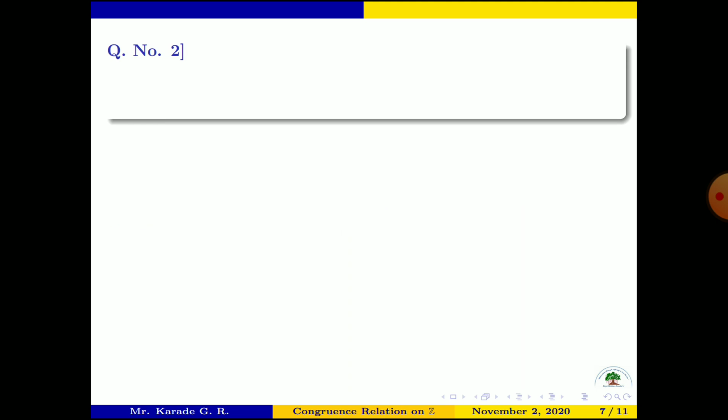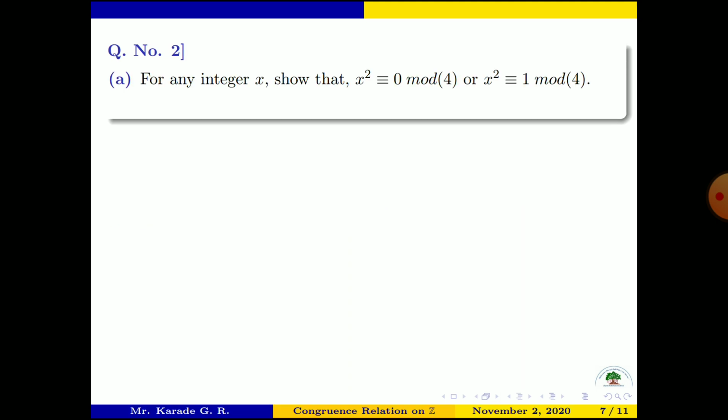Now let us write question number 2. For any integer x, show that x square is congruent to 0 mod 4 or x square is congruent to 1 mod 4.